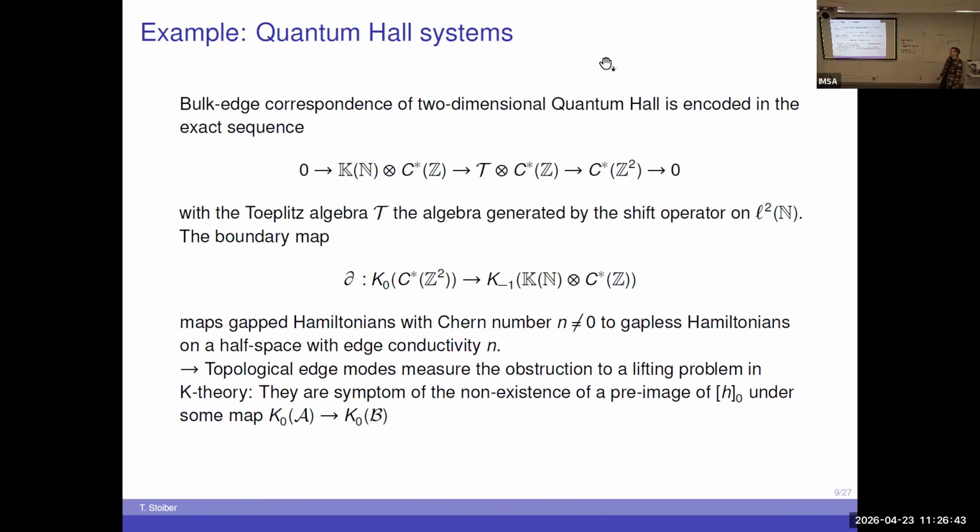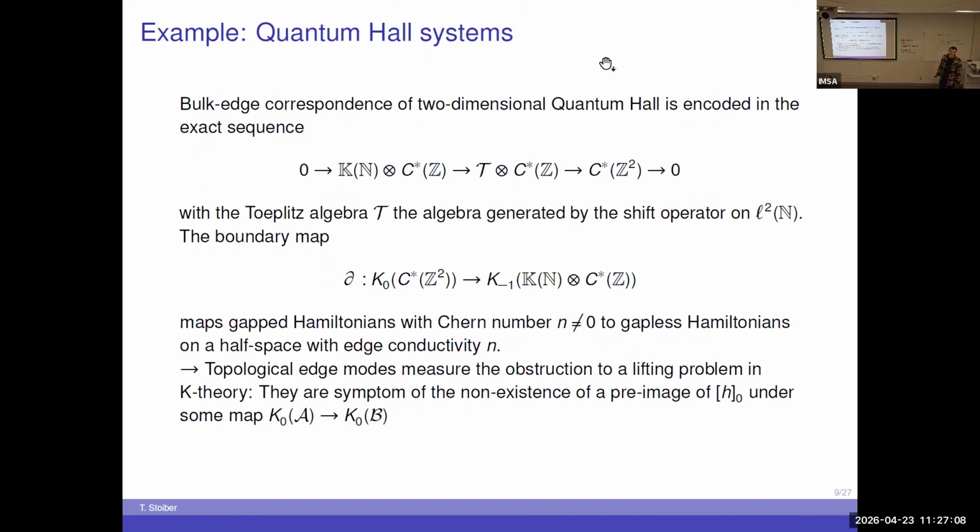We could in principle, but it's too difficult. As I said, the definition of this boundary map is very trivial. Basically, it is by definition just to put in a bulk Hamiltonian and it maps it to the class of the boundary Hamiltonian. Unless we stick into this formalism very specific exact sequences where we can compute these boundary maps by an alternative method, it's really hopeless.